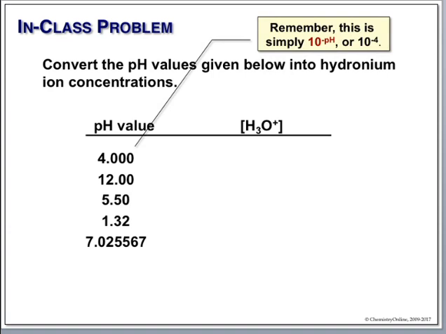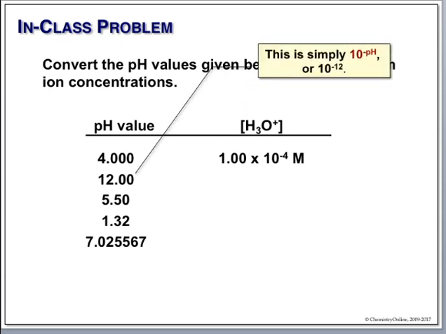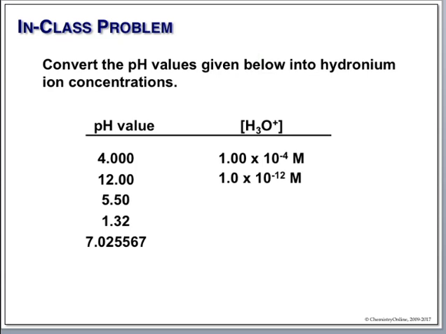That's hydronium. Our next one, pH is 12. So we're talking minus 12. 10 to the minus pH is 10 to the minus 12. Our hydronium, simply 10 to the minus 12 mole.